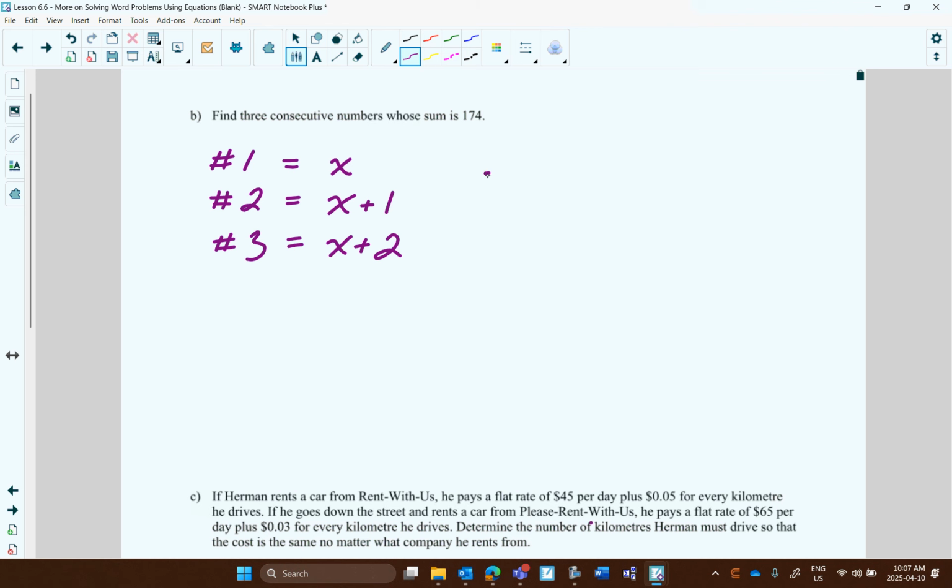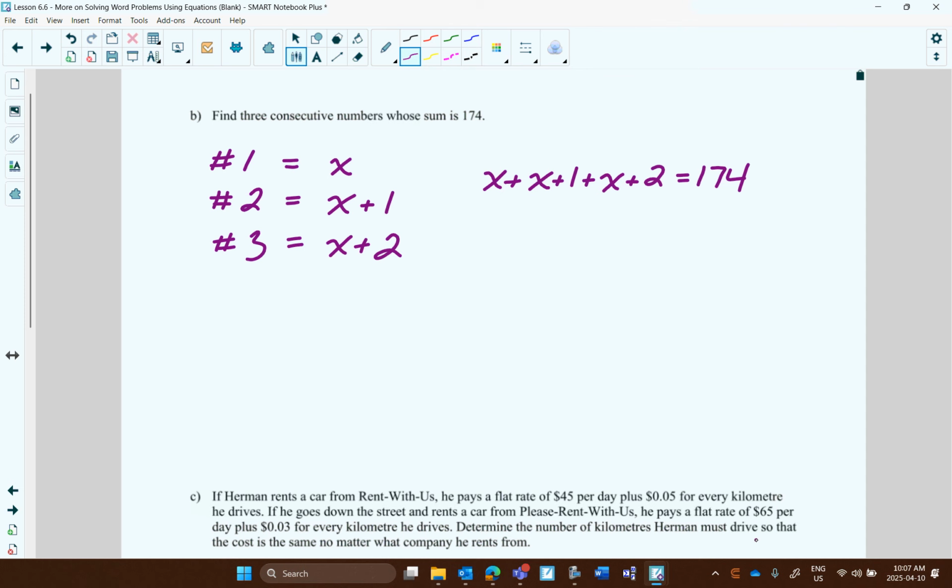What is my equation going to look like? Well, I'm going to add these numbers that I don't know. And it's going to equal 174 because it says the sum, so I have to add. And now we're solving equations again, which you guys should be quite comfortable with by now.